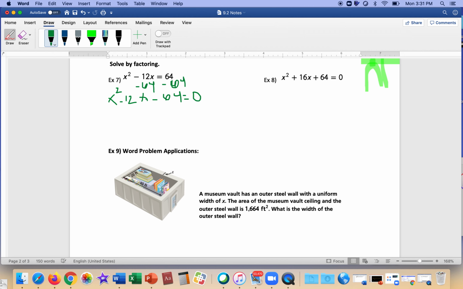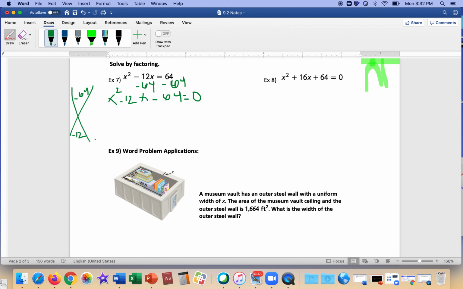Step 2 is factor. Now you look for a GCF, there is none. What multiplies to AC, that adds to B? So it multiplies to negative 64 and adds to negative 12. So we know that our answers can't be 8 and 8.